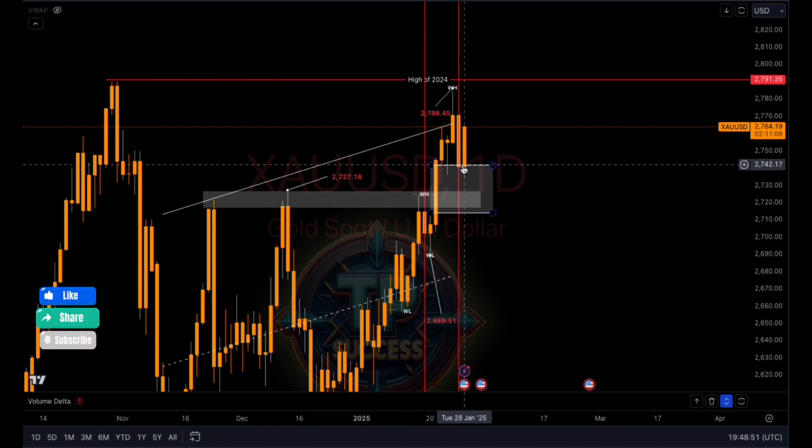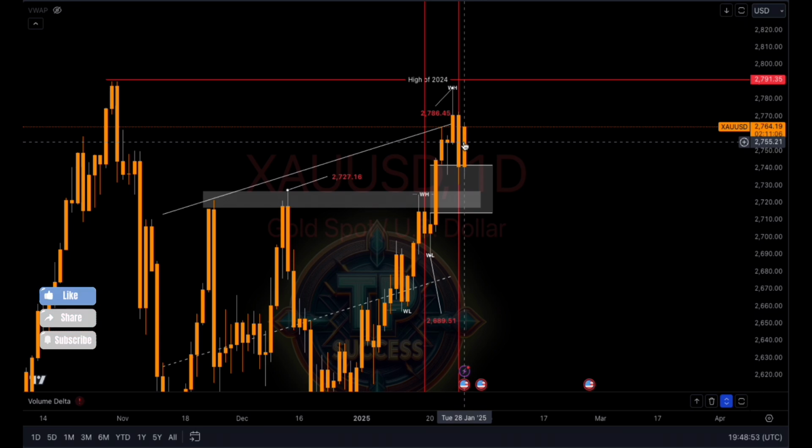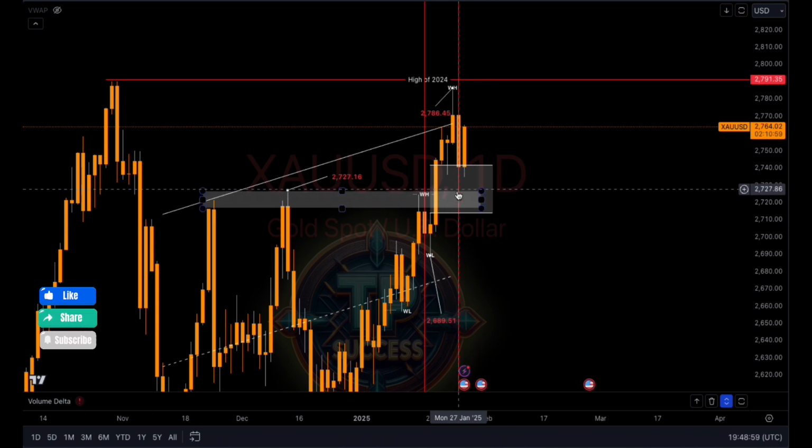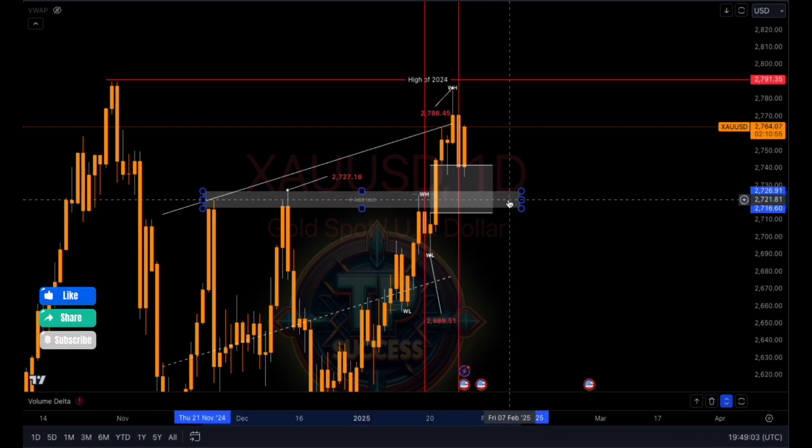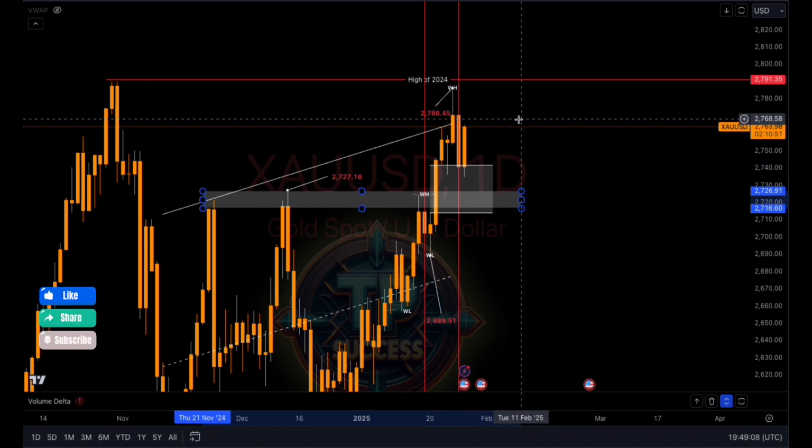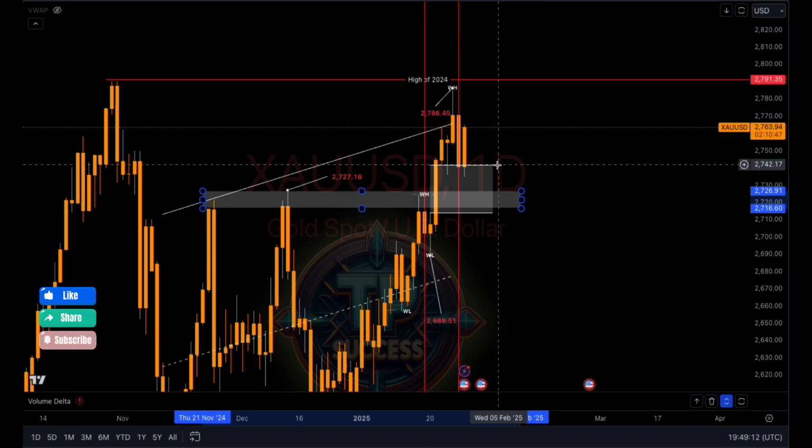So what I'm expecting is price to come back into the FVG a second time. But this time I'm expecting it to bounce off this resistance level here, where it's going to turn into a support, and then it's going to shoot up. That's my thinking. I may be right, I could be wrong, right? That's what I'm thinking so far.